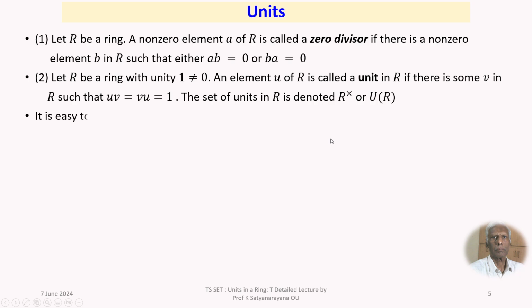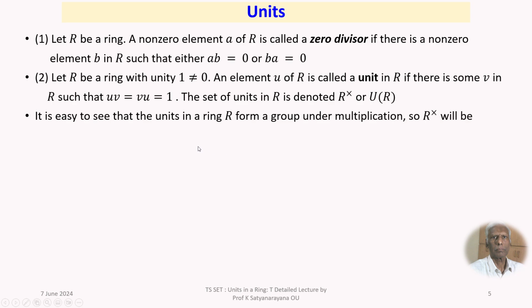We have already studied in our MSc classes that the set of units of a ring R forms a group under multiplication. So R superscript cross will be referred to as the group of units of R.